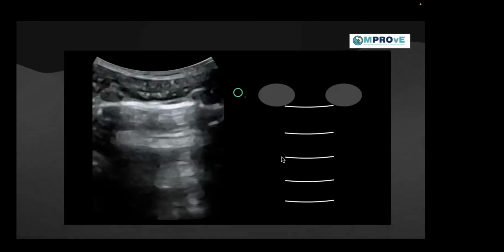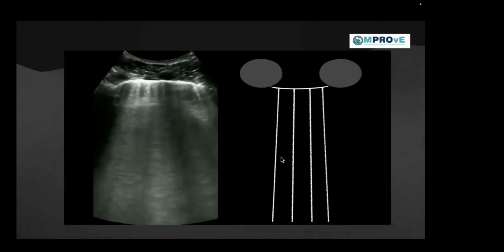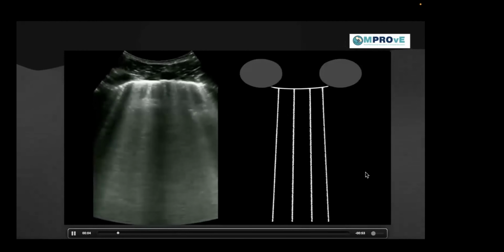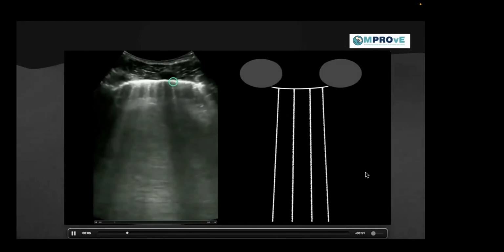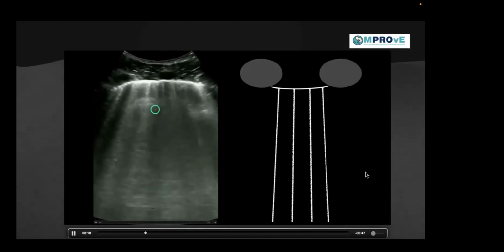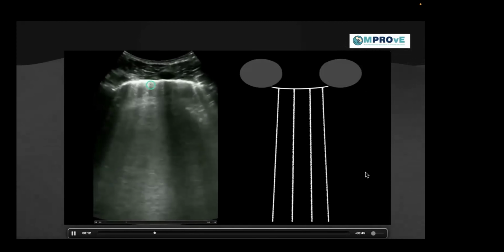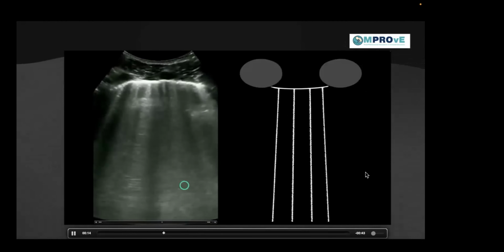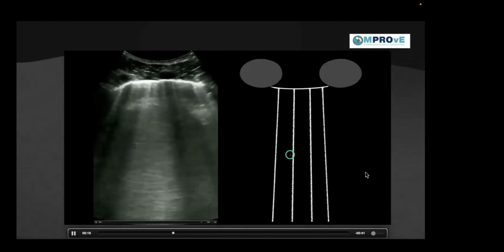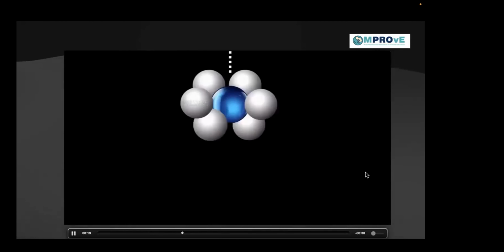Now let's talk about the vertical reverberation. Now vertical reverberation is this movement, and that's a pleural line. And then this bright white hyperechoic line reaching all the way to the bottom of the screen like a laser is the B line. So this is how it is generated. So that's your fluid filled alveolus.